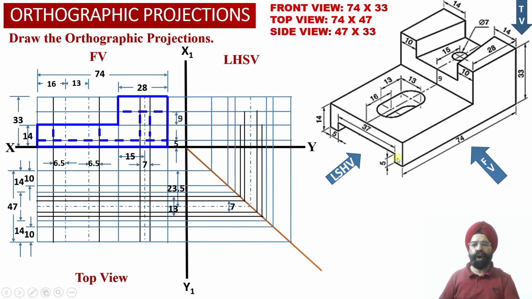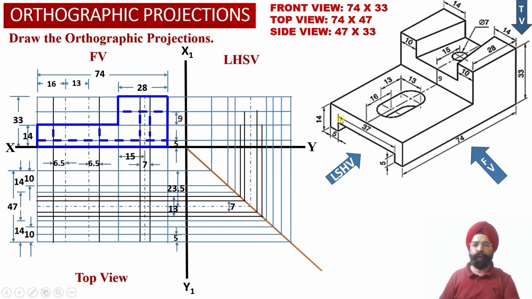And next we have got this particular vertical portion corresponding to element number 1, and this depth on the front side is 5 millimeter. This depth is also 5 millimeter toward the rear surface of the solid. So now we are going to measure 5 millimeter distance from the front surface of the solid corresponding to this vertical edge of the leg of this particular element number 1. And we have obtained a horizontal projector line into the top view projections, and we have appropriately transferred this horizontal projector line into the left hand side view projections as well.